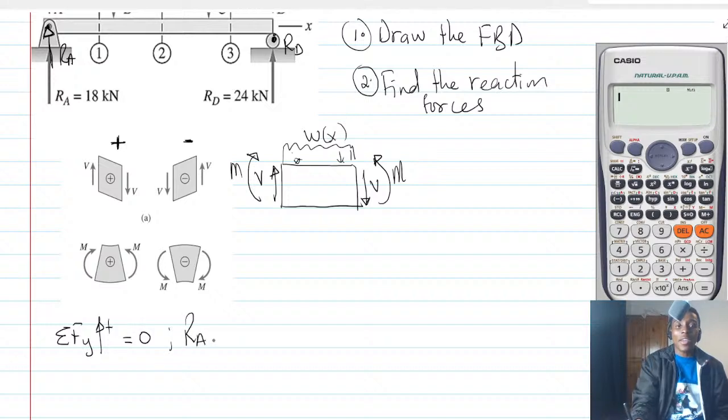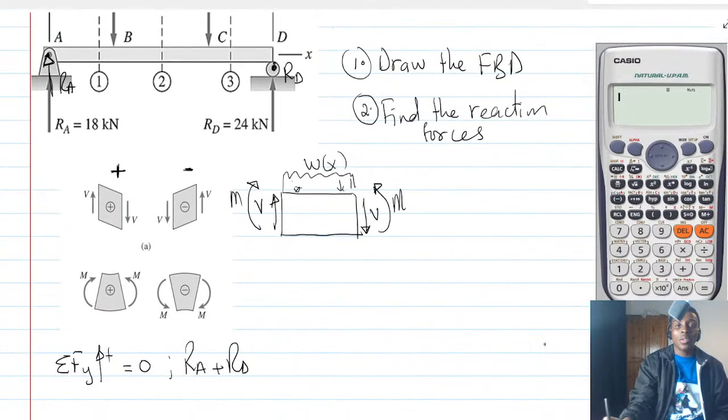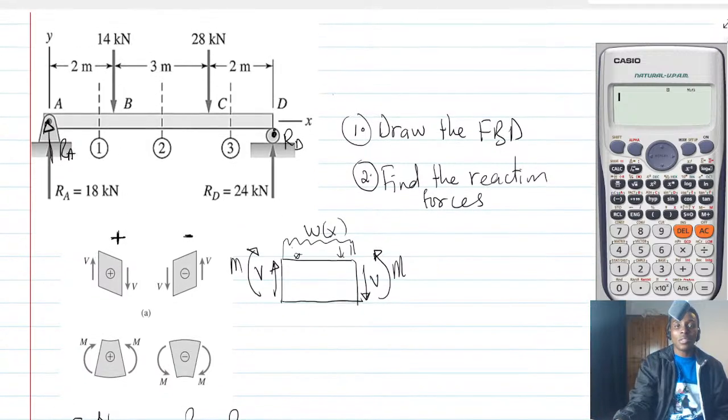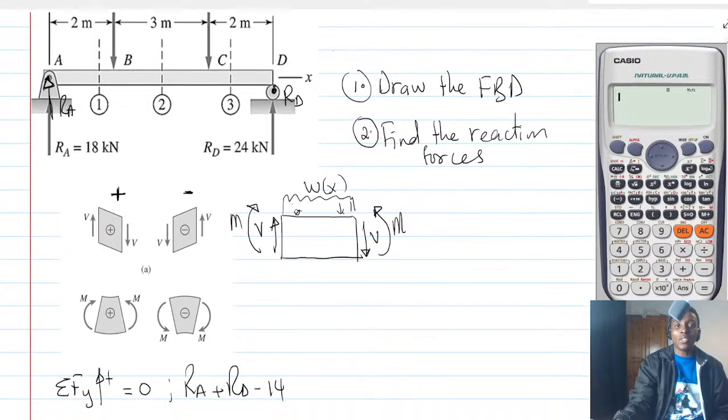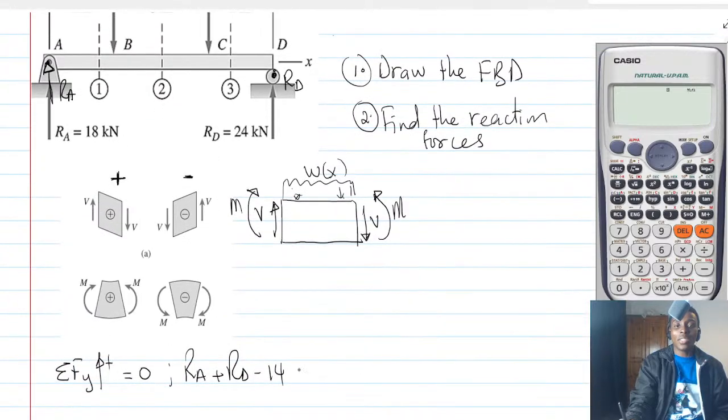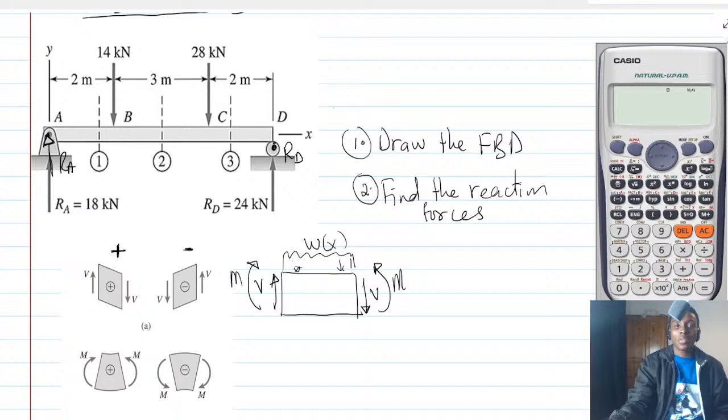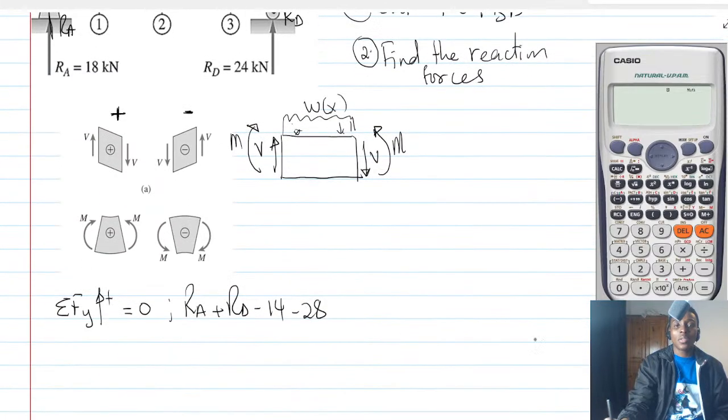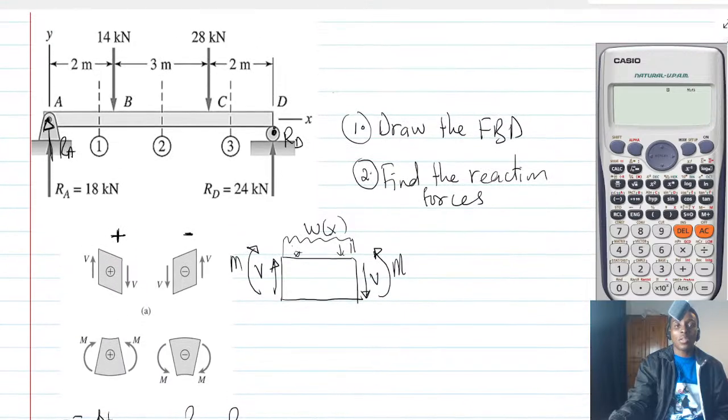So RA plus RD minus 14 minus 28, right? Should be 0. Is that right?